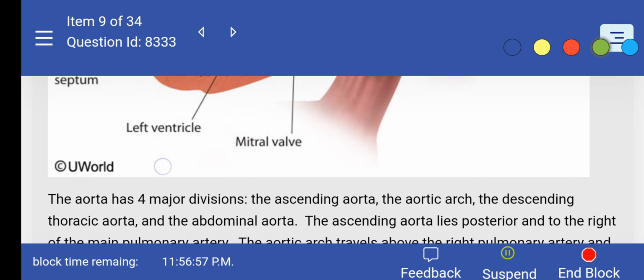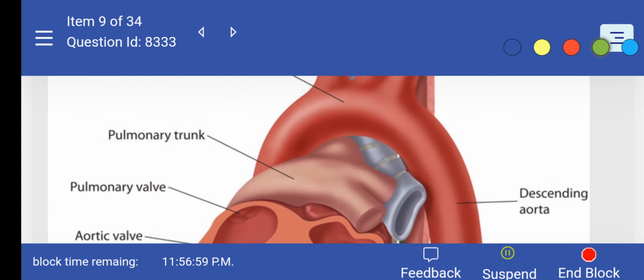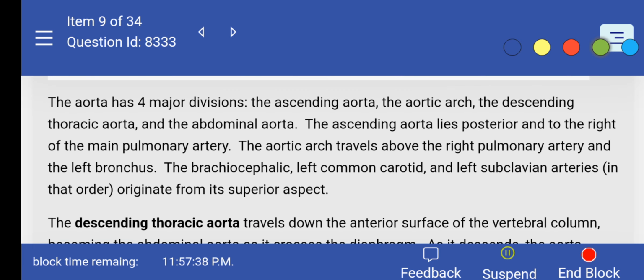Let me show this for you guys. If this one is a pulmonary artery, then this one is the ascending aorta, which is posterior and on the right side of that pulmonary artery. So we were talking about how the aortic arch travels above the right pulmonary artery.